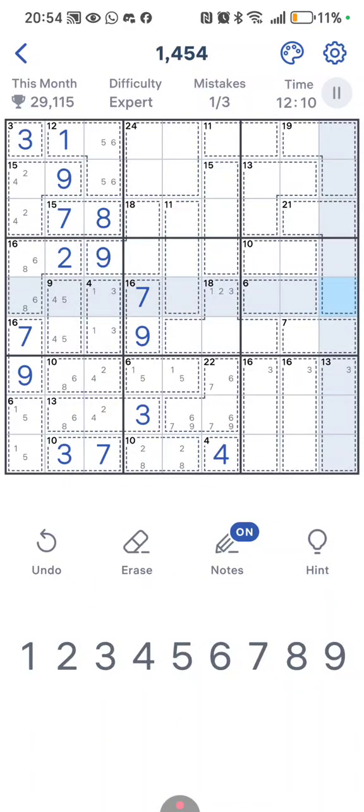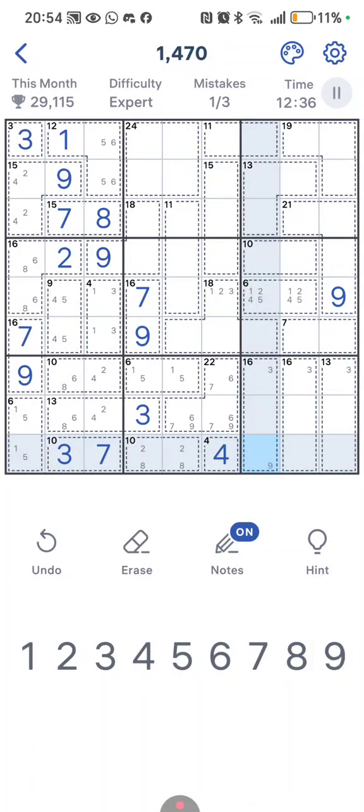Okay, there you go. There's an obvious one. So 9. Scanning says that 9 has to go in here. Can't go in there. So it has to go there. This is 1, 2, 4, and 5. So 9 can't go along there, can't go along here, can't go along here.